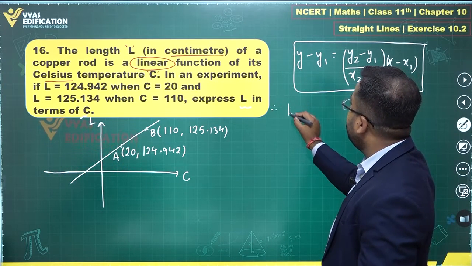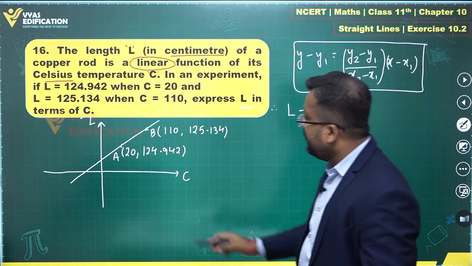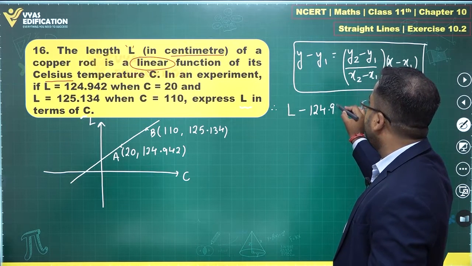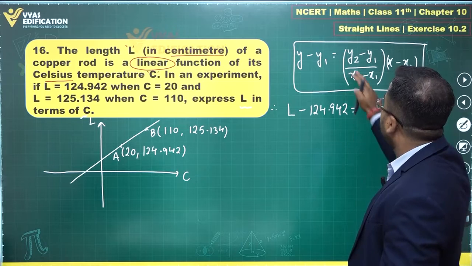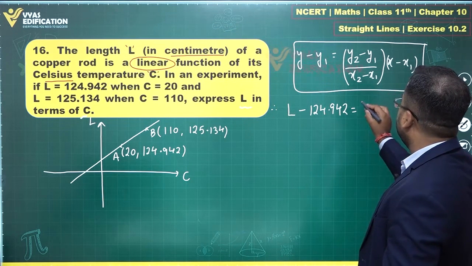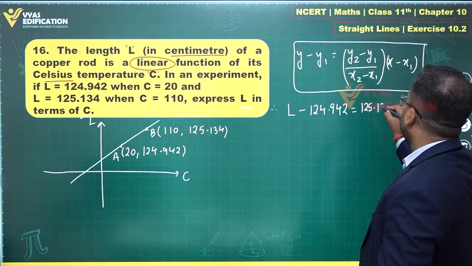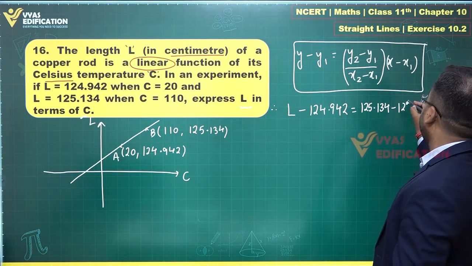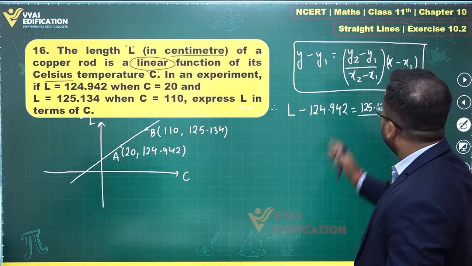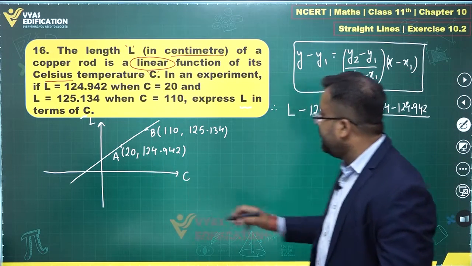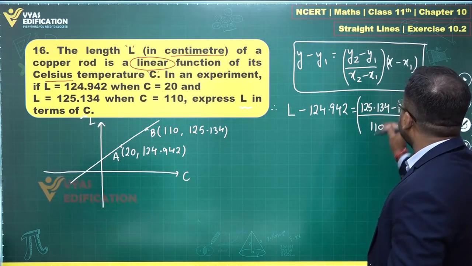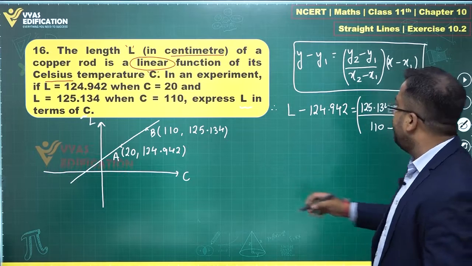So therefore, L minus L1, let's use this, 124.942 is equal to Y2 minus Y1, this minus this. Okay, 125.134 minus 124.942 upon x2 minus x1, 110 minus 20 times x minus x1, which is x minus 20.